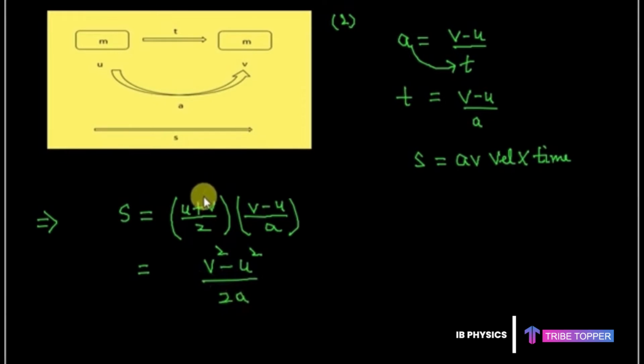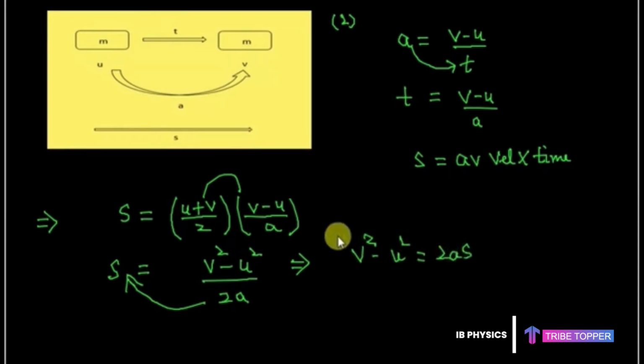Just multiply these two using the identity. So s is this, and if I cross multiply, then v square minus u square is equal to 2as.